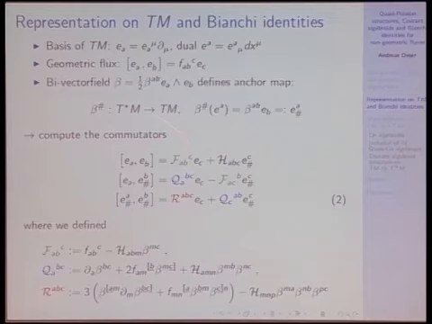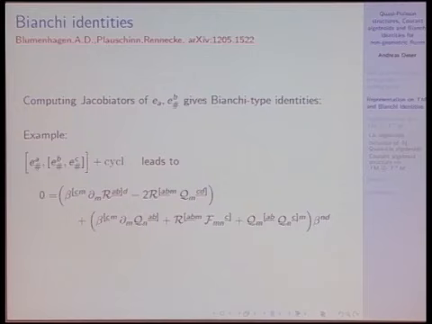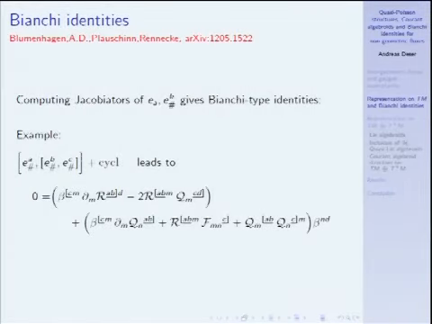The advantage of the realization on the tangent bundle is that you can very easily calculate relations among the fluxes. We know that on a tangent bundle, the Lie bracket fulfills the Jacobi identities. So calculating all different Jacobi identities, for these objects with index up or also with the original tangent vectors, we get relations among the fluxes which should be true. That's a way to get Bianchi identities for the non-geometric fluxes.